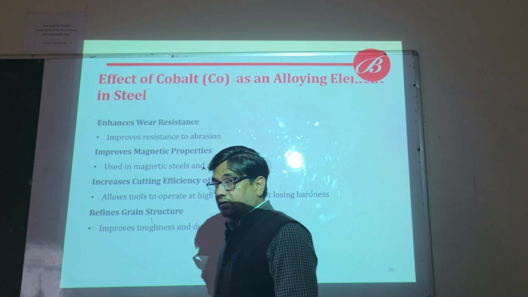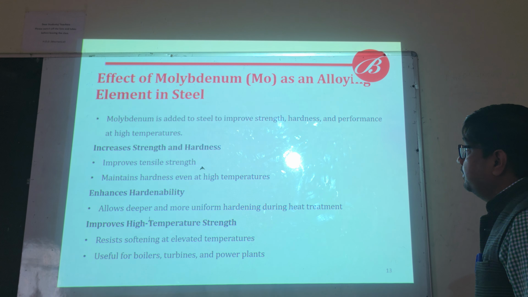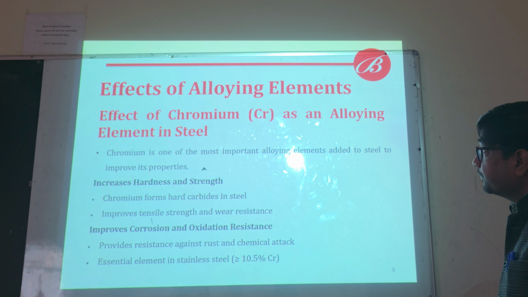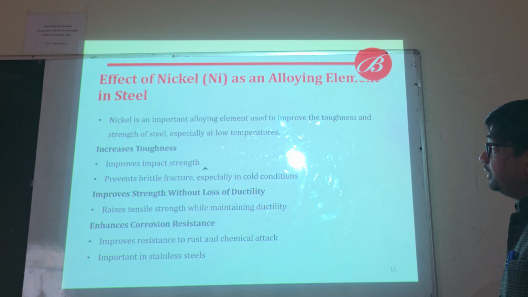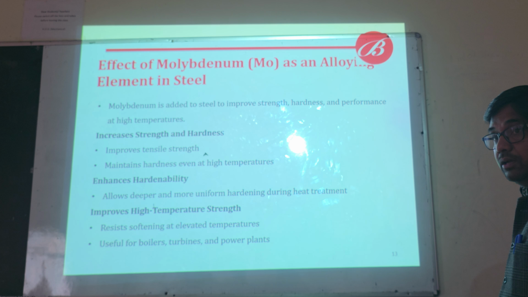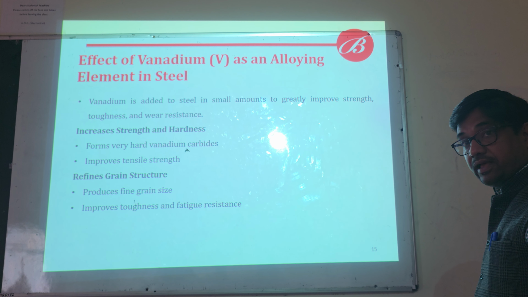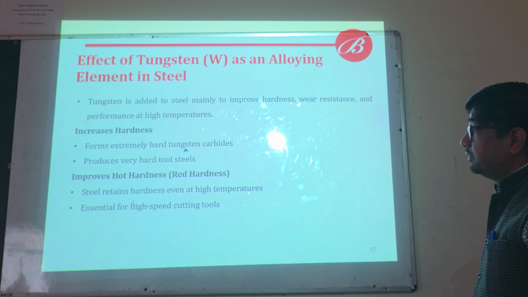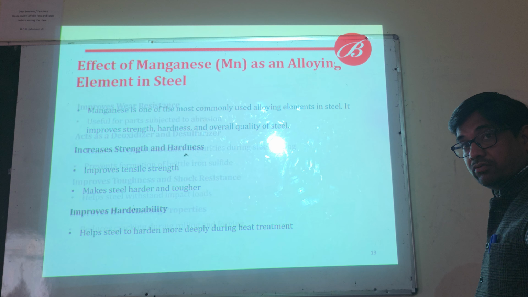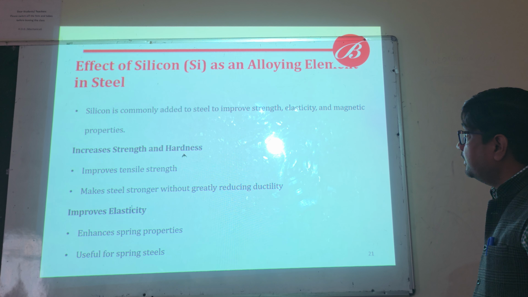So let us recap and see what various alloying elements we have discussed. We have discussed chromium as an alloying element, then nickel, then molybdenum, then vanadium, then tungsten, then manganese, and then silicon as an alloying element.